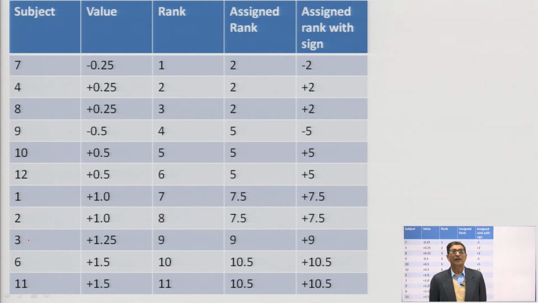We remember that when we write these values of difference we ignore the sign. So the first 3 minimum values are 0.25, 0.25, 0.25, then 0.5, 0.5, 0.5, then 1.0, 1.0, 1.25, 1.5 and 1.5.